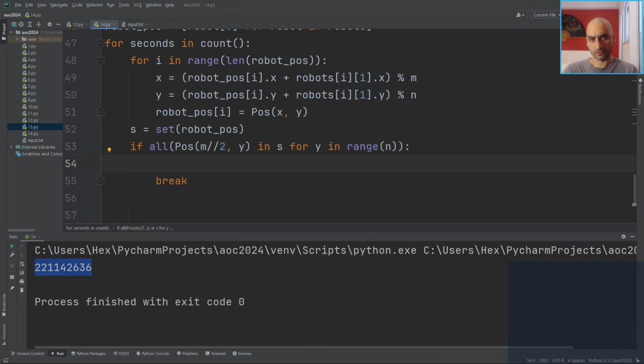Let's say if all, or we can just do it every time this comes up. Maybe sometimes it won't actually be right. So print seconds.